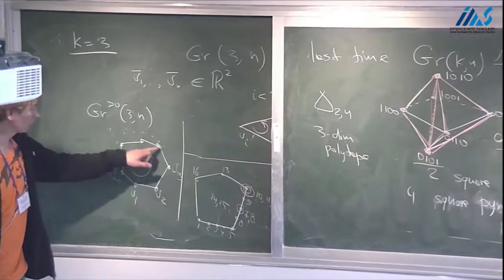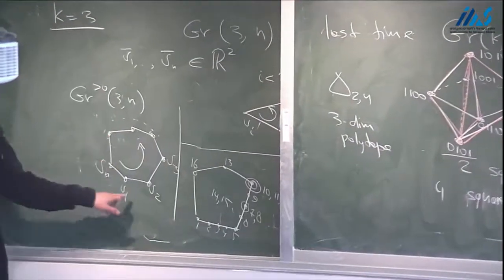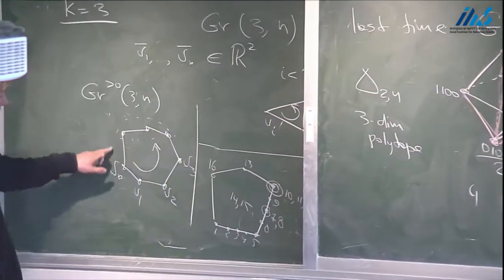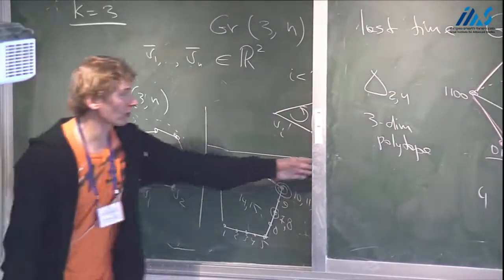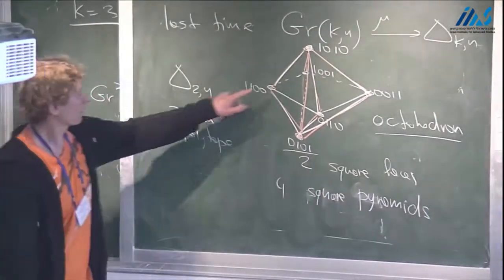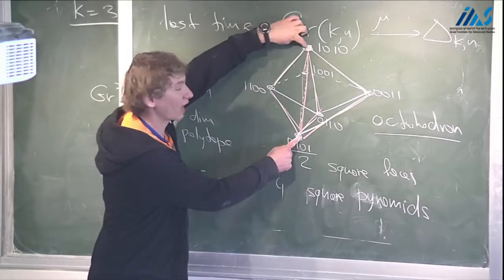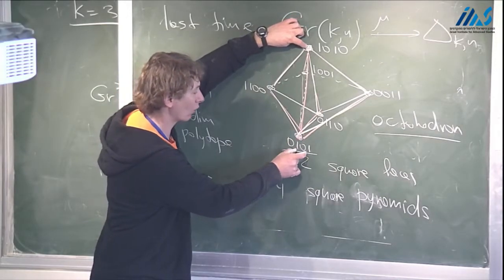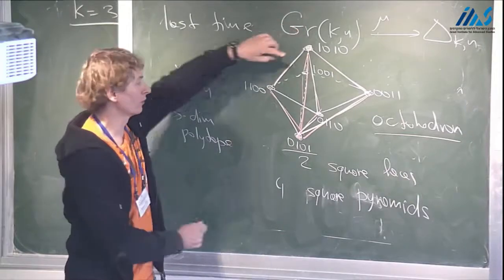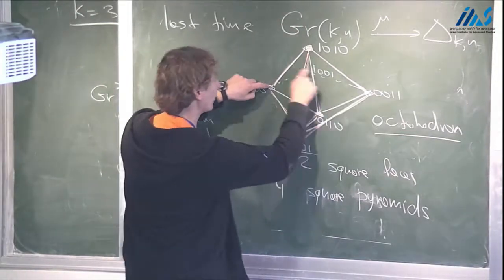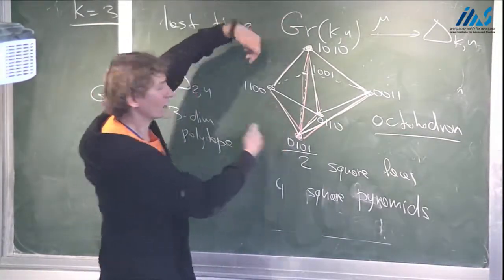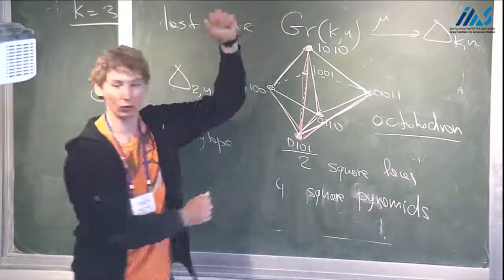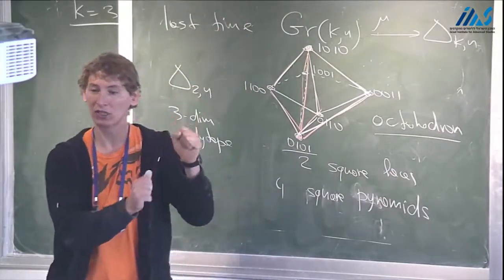All these vertices are naturally arranged in a circle: 1, 2, 3, 4, 5, and 1. Similarly here, there is one special diagonal in this octahedron, and you can rotate the whole picture with respect to this special diagonal. So there is a cyclic symmetry.